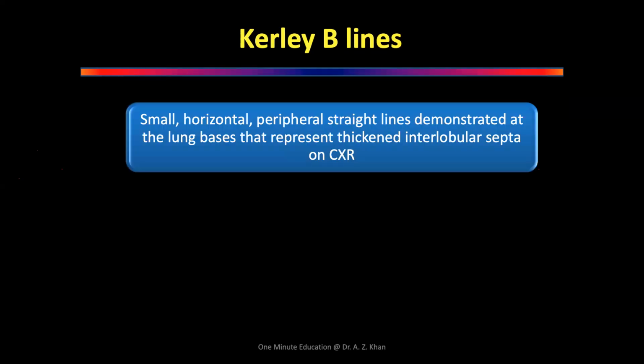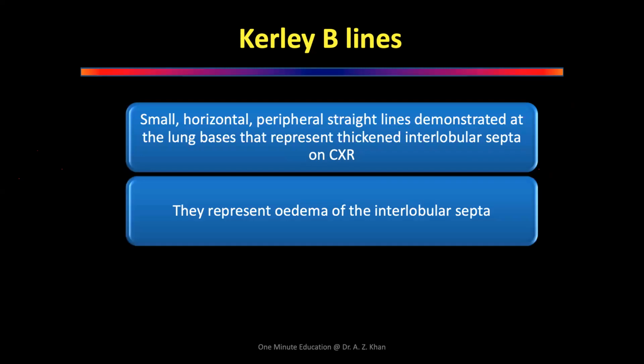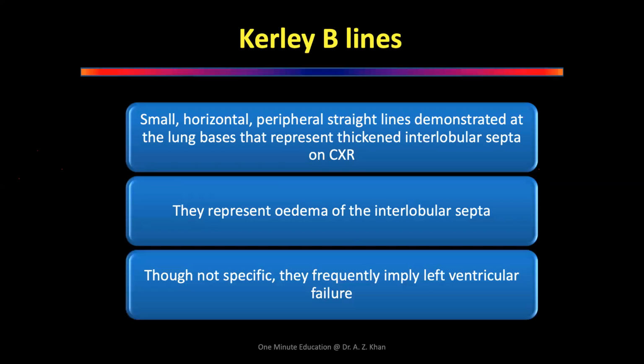Okay, these are small horizontal peripheral straight lines demonstrated at lung bases that represent thickened interlobular septa. They represent edema of the interlobular septa. So A lines are lymphatics, B lines are interlobular septa.